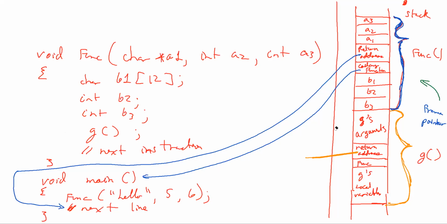And so if we want to return, once we finish executing G, where would you think you should return? So what should it point to?